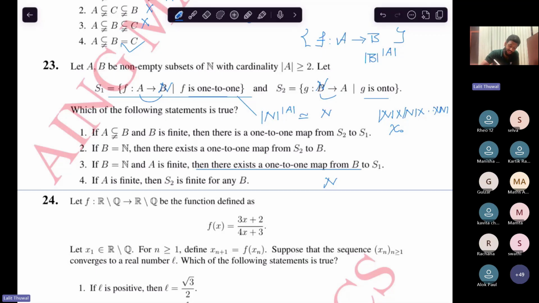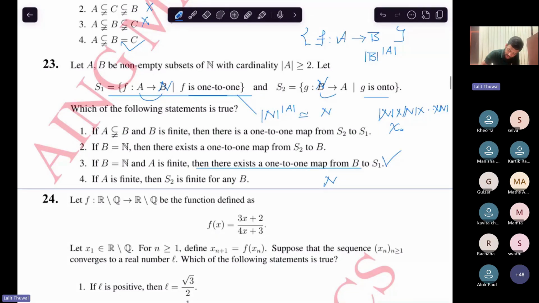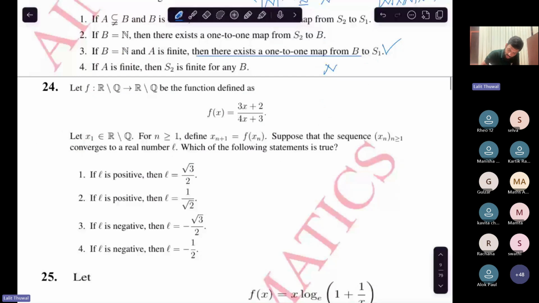Okay, so question 24. Let f from R minus Q to R minus Q be the function defined as, this function is given, and we have a sequence defined as the n plus 1 term is given by this. So if this sequence converges, where will it converge, do you know?